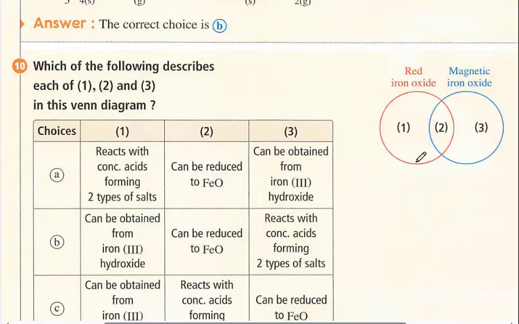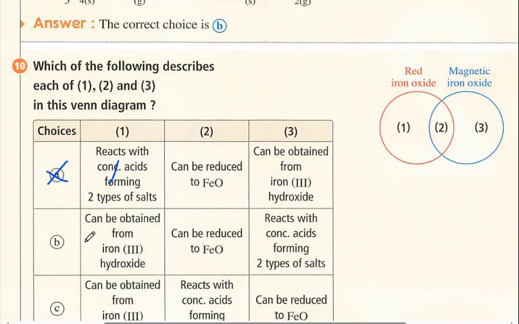So ferric oxide here is 1. This means it is a property of ferric oxide, not magnetic iron oxide. Ferric oxide reacts with acid forming 2 types of salts? No, it is wrong. The only one which forms 2 types of salt is magnetic iron oxide, not ferric oxide.